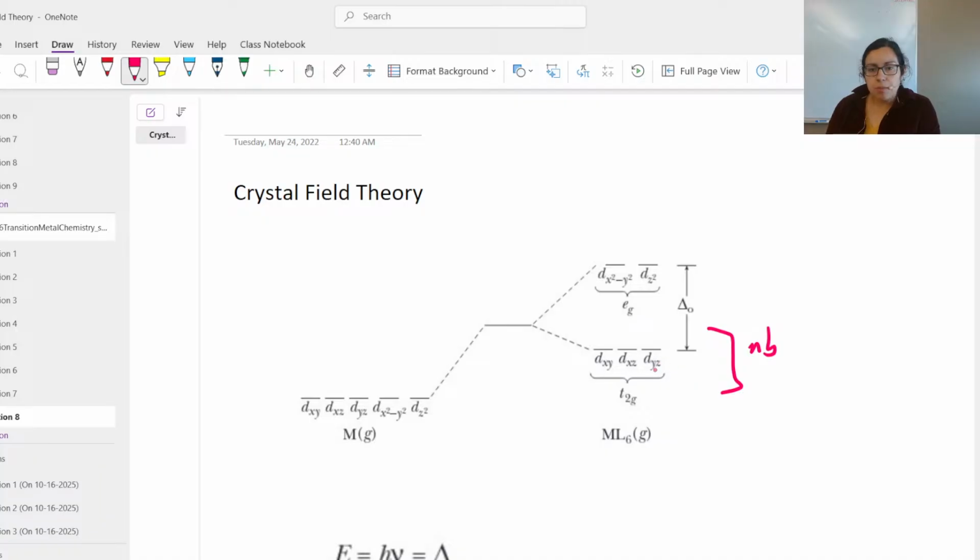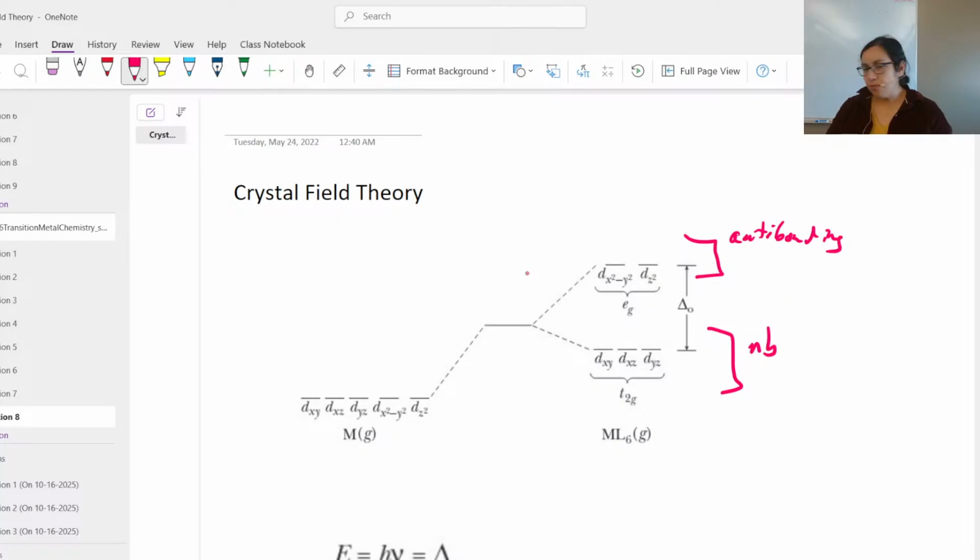The bottom ones are going to be our formally non-bonding d orbitals, and the ones that are elevated are going to be the anti-bonding orbitals.